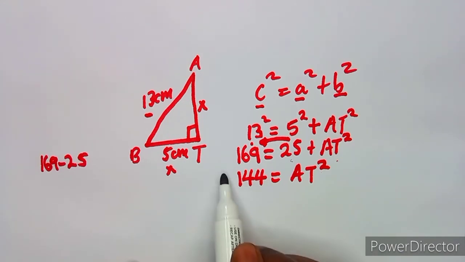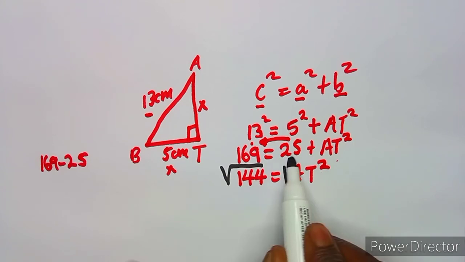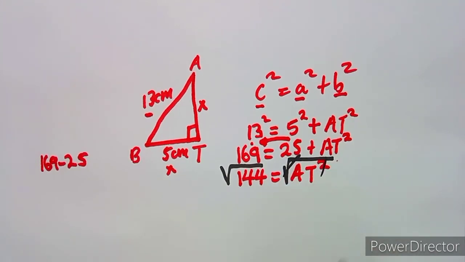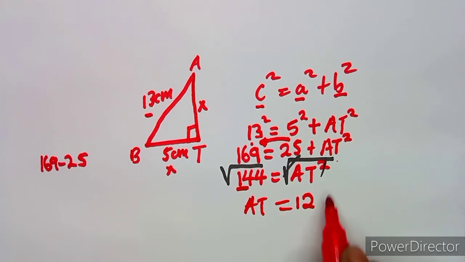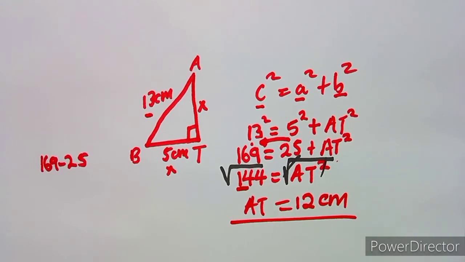Introducing the square root here, the square root and the square will cancel, so I'm just left with AT. So AT is going to be the square root of 144, which is 12 centimeters.